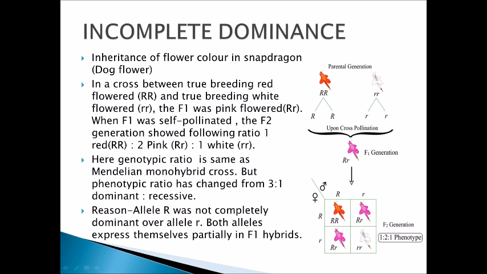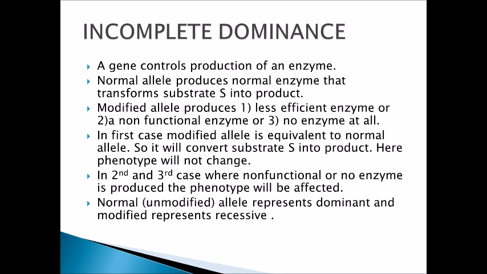Let us see one more example of incomplete dominance. Consider that a gene controls production of an enzyme. A normal allele produces a normal enzyme, and that enzyme transforms substrate S into product. We know that when the enzyme acts on the substrate, it gets converted into the product.